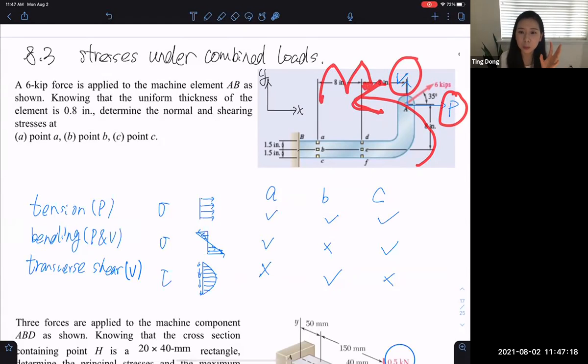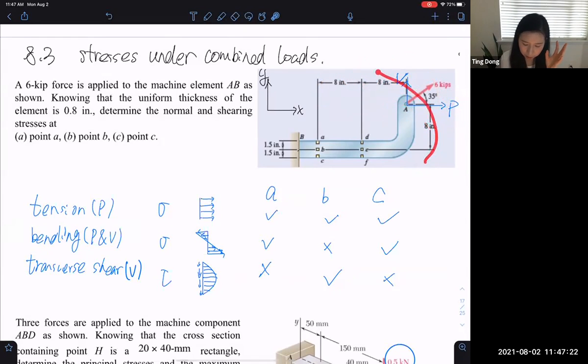It depends on which point we are talking about. If we have a bending moment in this direction, this is how the normal stress is distributed. It is positive at the bottom surface and negative at the top surface, 0 at the neutral surface. Is this clear?